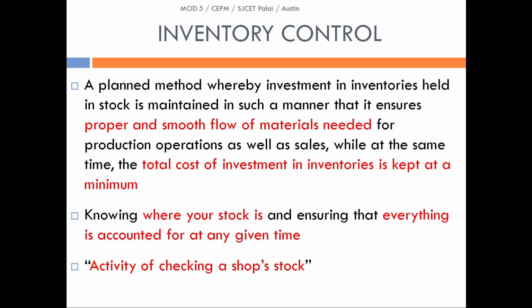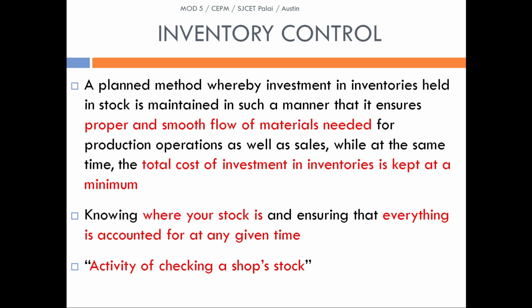There should be a proper and uniform flow of materials throughout the processing unit. For that, proper inventory control should be maintained by the company. At the same time, they should ensure that the investment the company is making for keeping these inventories is not very high. It should be kept at a minimum.